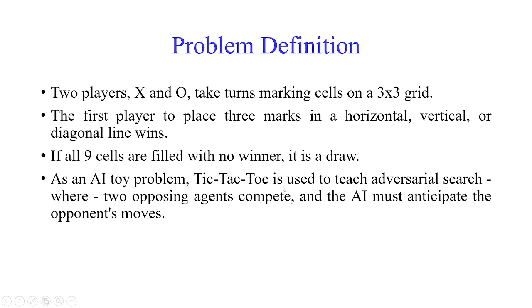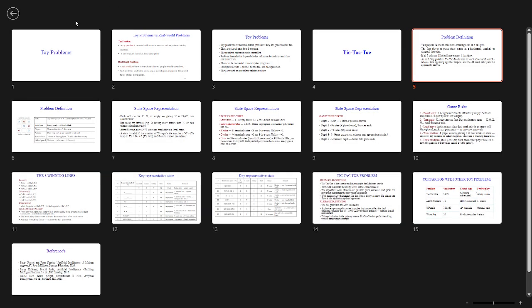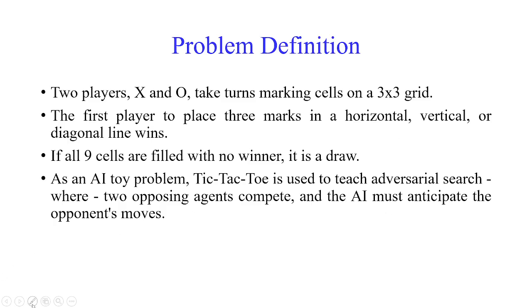The first player to place 3 marks in horizontal, vertical or diagonal lines wins the game. If all 9 cells get filled with no winner, then it is a draw.